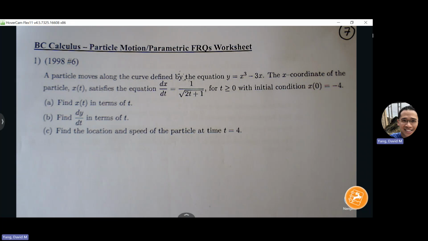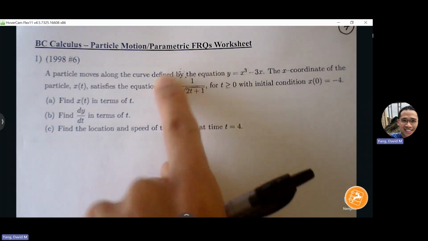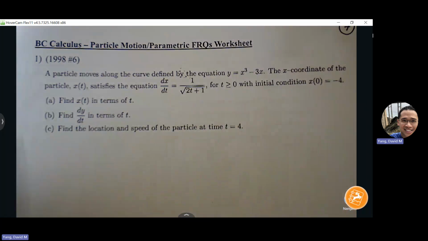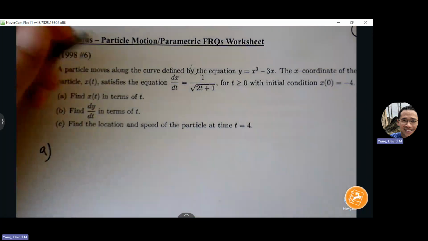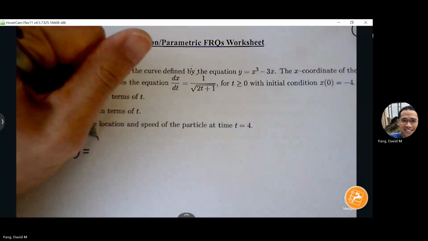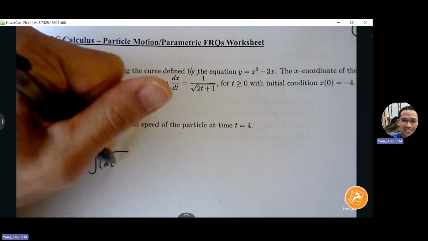So part A, find x of t in terms of t. If I want to get to x of t and I have the derivative, I can just take the what? Integral, right? So we're just going to treat this like an integral problem. We rewrite it.